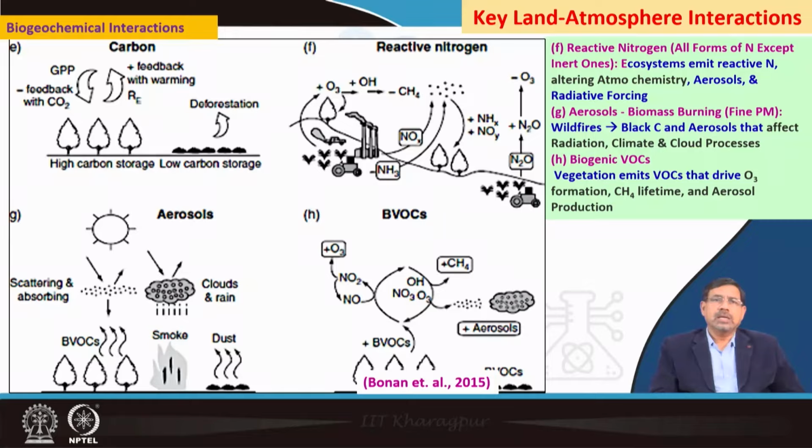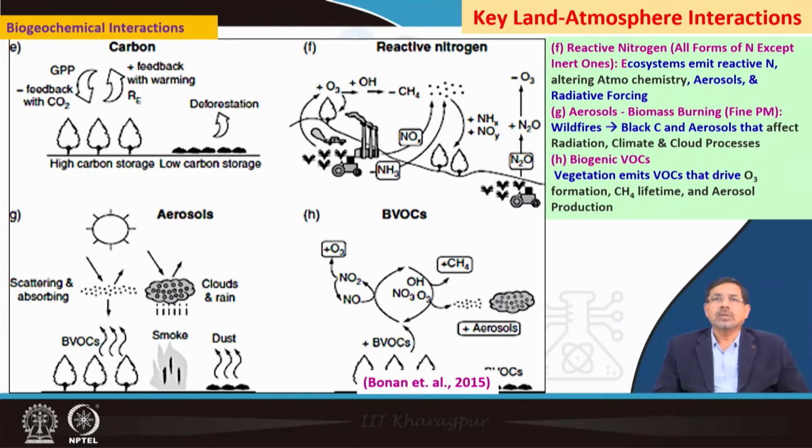So here, in terms of carbon, we have the GPP, gross primary productivity, the feedback, the warming, and RE, the respiration, sometimes called maintenance respiration. Then other activities also lead to the carbon pathway or carbon cycle through the vegetation route, like reforestation, afforestation, deforestation, the high carbon storage and all those things, which is shown on the upper left side.